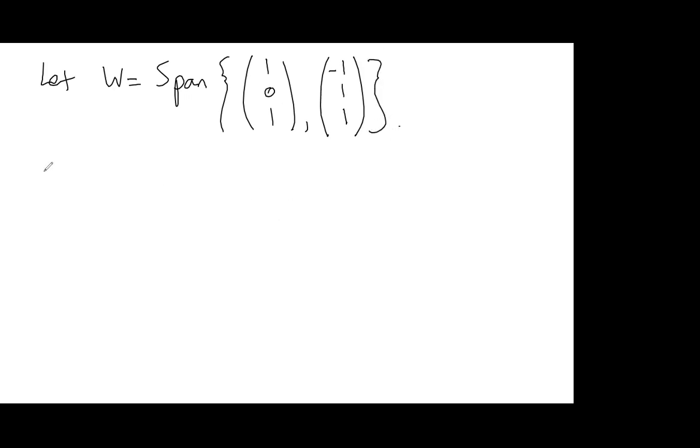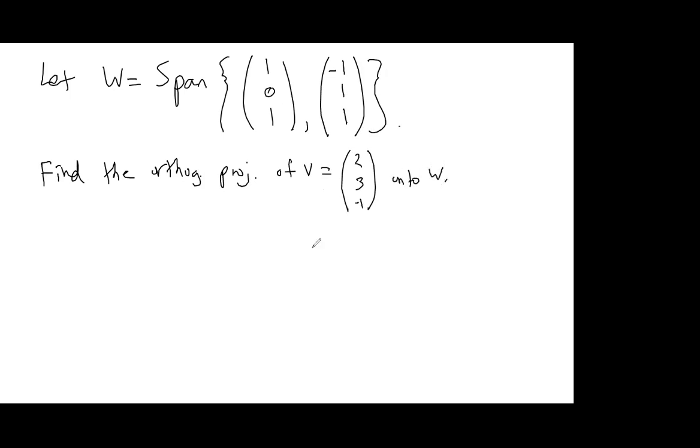Okay, and let's find the orthogonal projection of V equals 2, 3, negative 1 onto W.